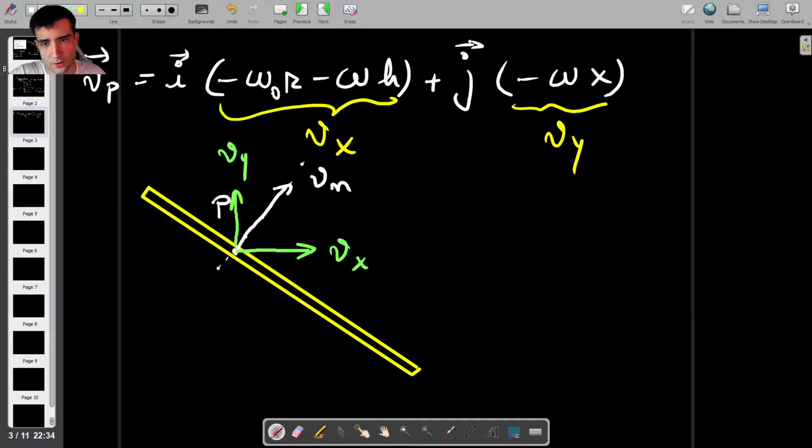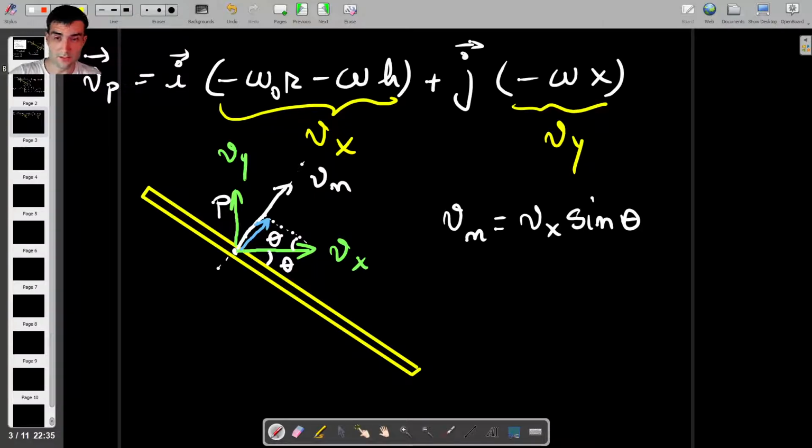Okay, so the way we would do that is we would look at this angle here, that's theta, and we get Vn is equal to Vx sine theta, right? Because this Vx component has a component along the normal direction, which is this blue line, and that's the sine of theta.